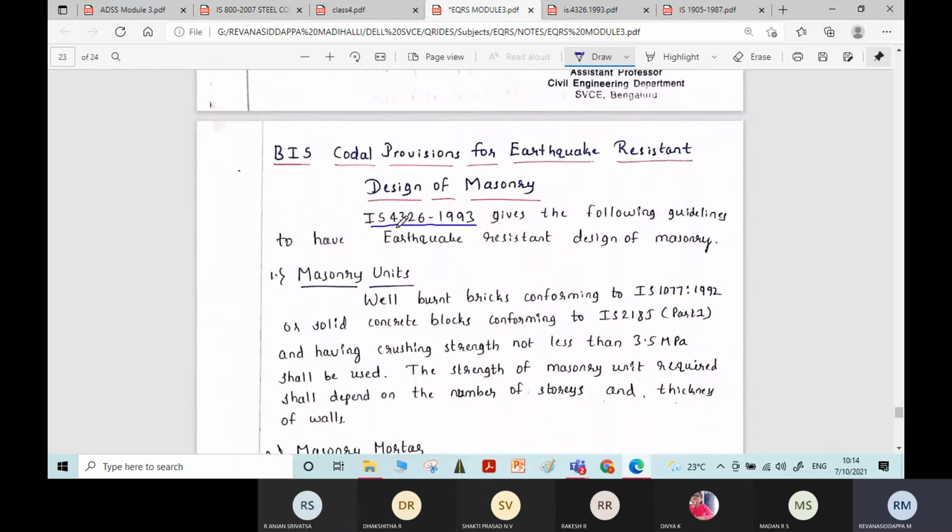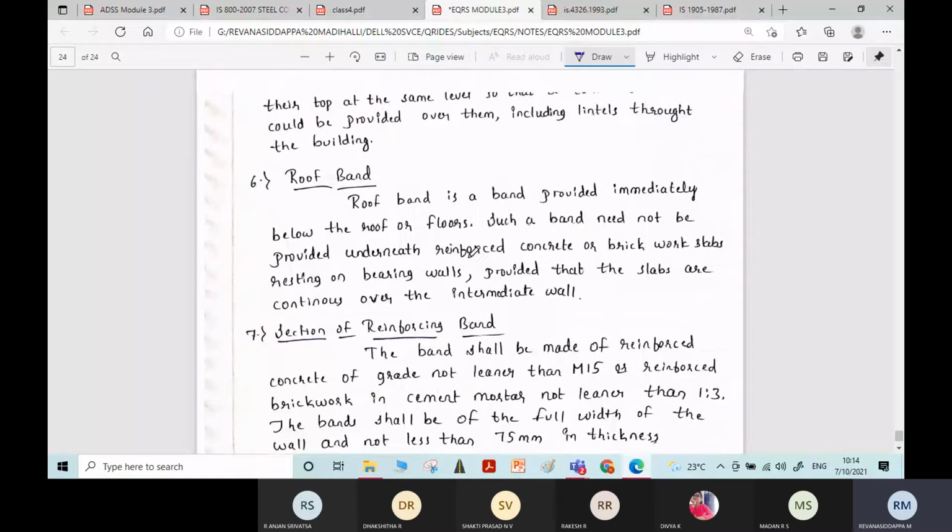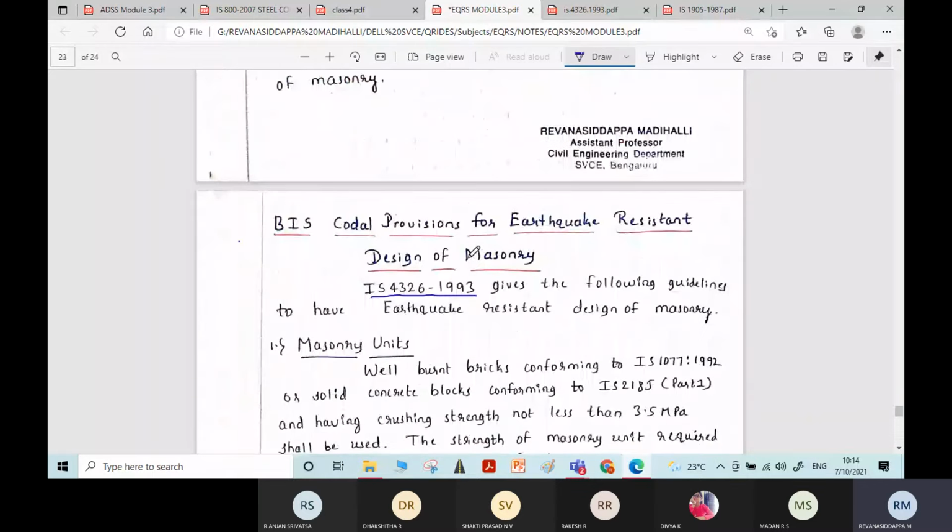In your examination, this code book is not allowed, so you need to remember the points which I have written here. The main points I have taken from this IS 4326 code book.